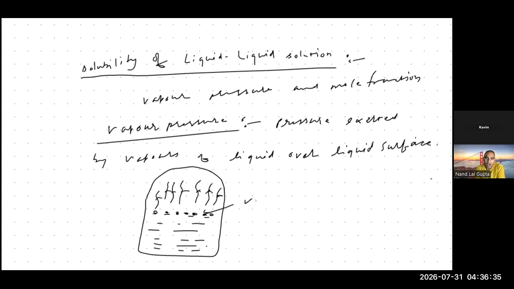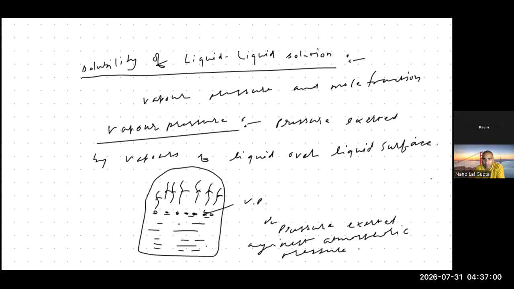Or another definition is also there: pressure exerted against atmospheric pressure is called vapor pressure.